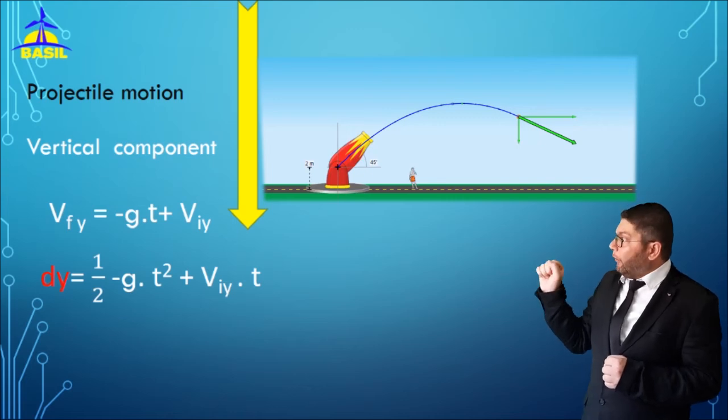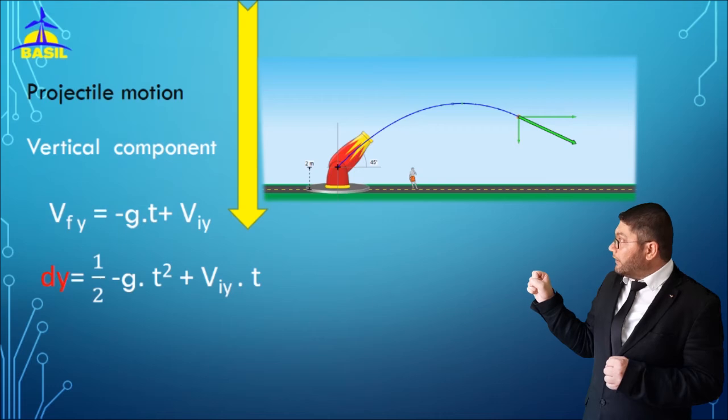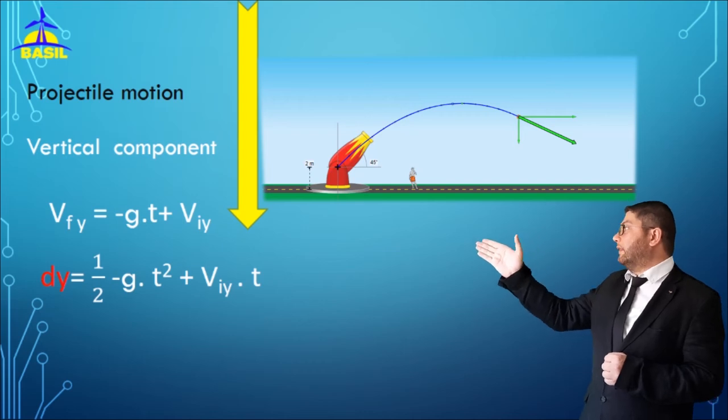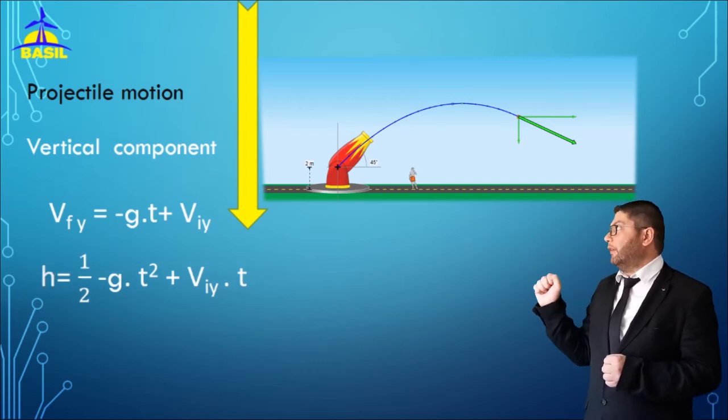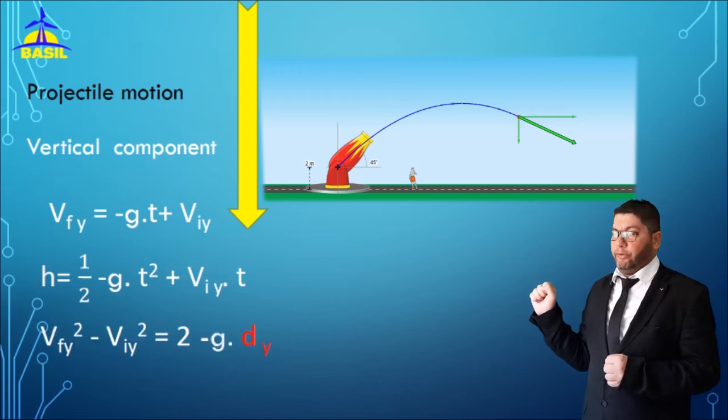But we see now that the distance in the vertical component is the same as the height, the altitude. So instead of dy, we can write h, the height, the altitude, and the unit for it is meter.